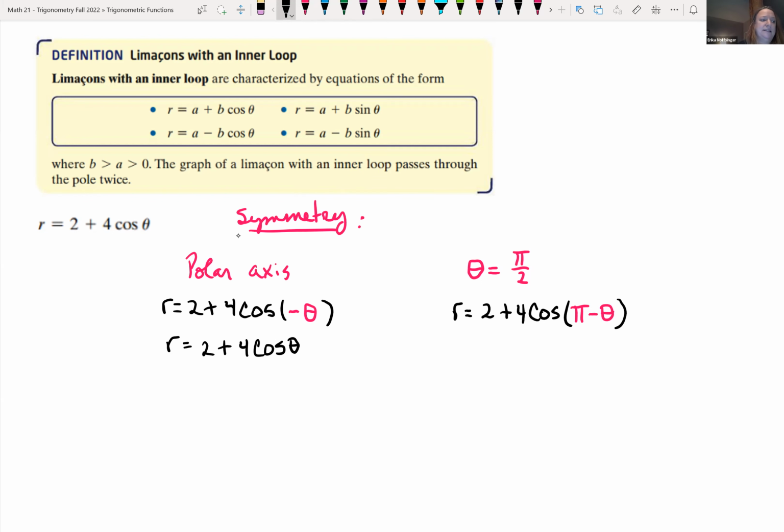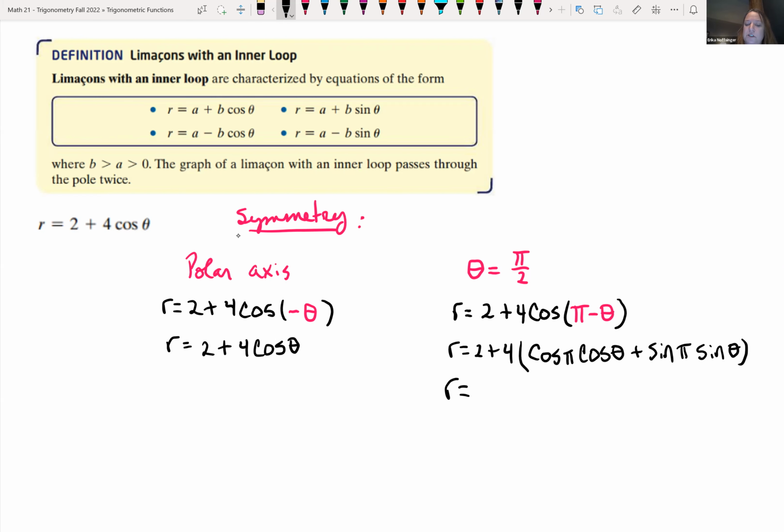So doing that, let's rewrite this. r is equal to 2 plus 4. I have a difference of 2 angles for cosine, and so let's look at the formula for the difference of 2 angles for cosine. So we would get cosine of pi, cosine of theta, opposite sign, plus sine pi, sine theta.